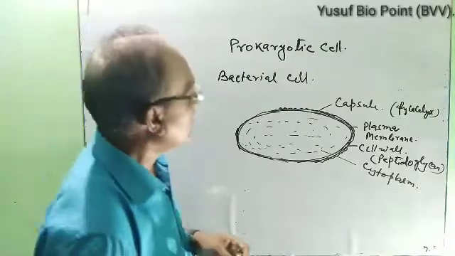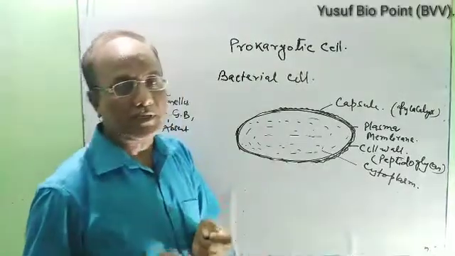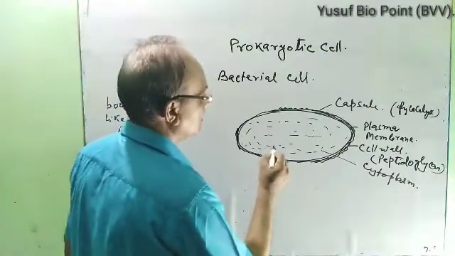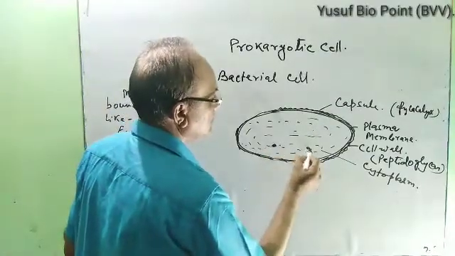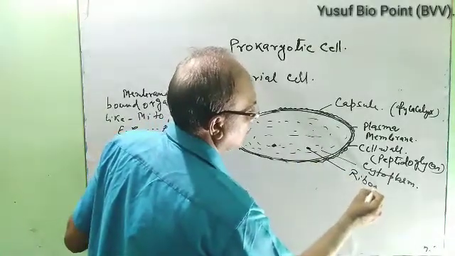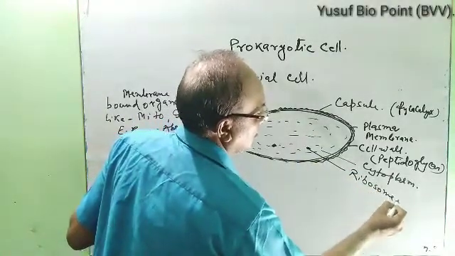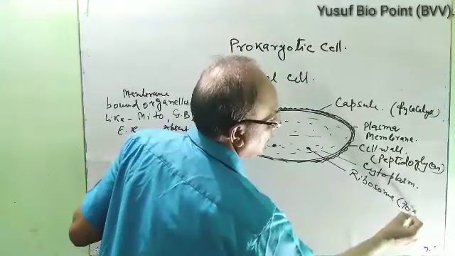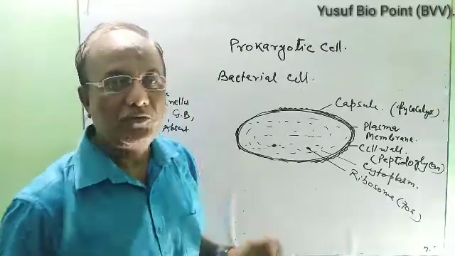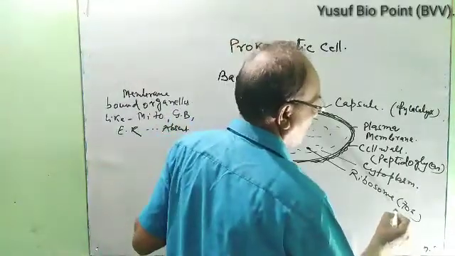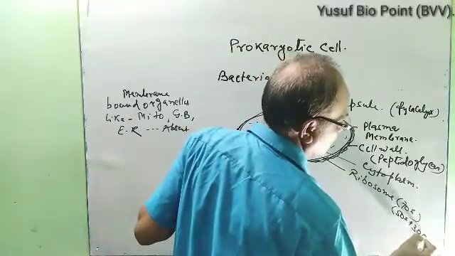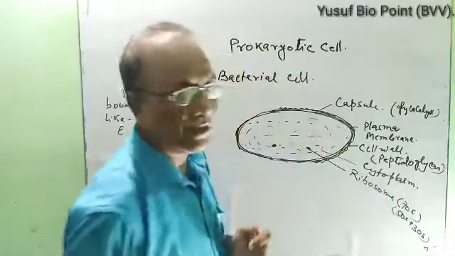Understand? But ribosome is found in both. This is the ribosome. It is 70S type, which is made up of two parts. One contains 50S and the other contains 30S.